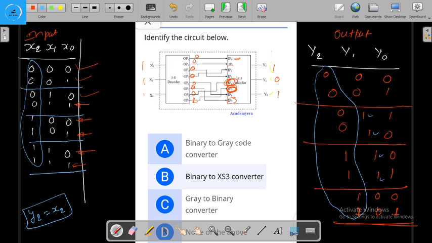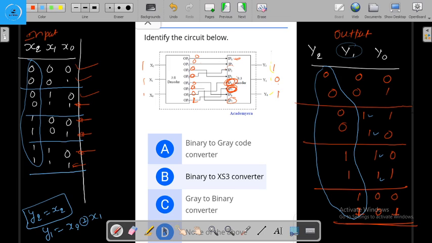Now we do the XOR: 0 XOR 0 is 0, 0 XOR 1 is 1, 1 XOR 0 is 1, 1 XOR 1 is 0. So we can say that y1 will be equal to x2 XOR x1.